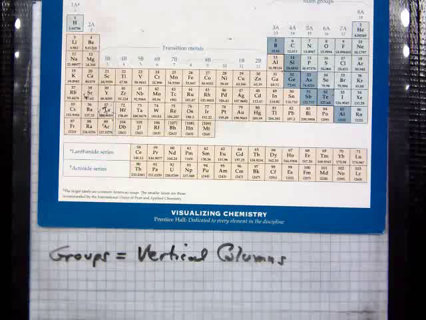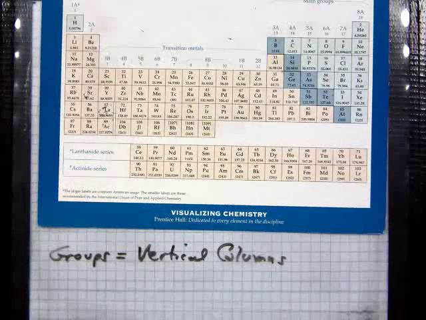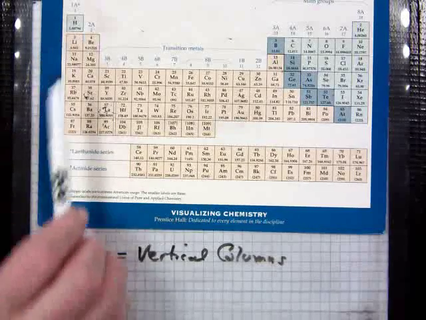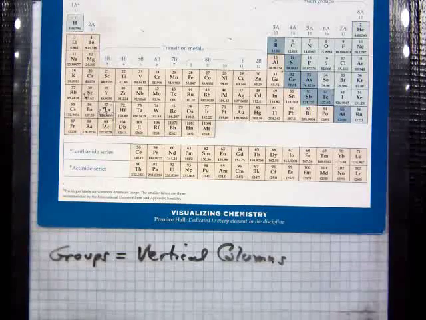Now, they're not identical, just similar in that, say, all of the elements in group 1 here on the left, as I'm indicating, have a certain chemistry, and they all function in the same way. And group 2 does the same thing.